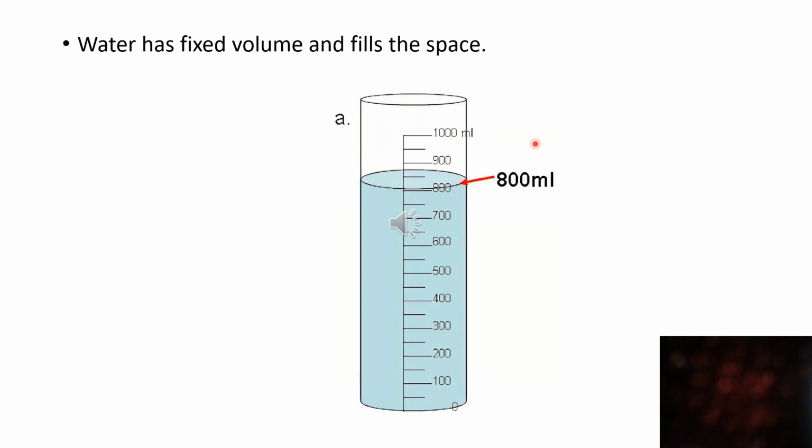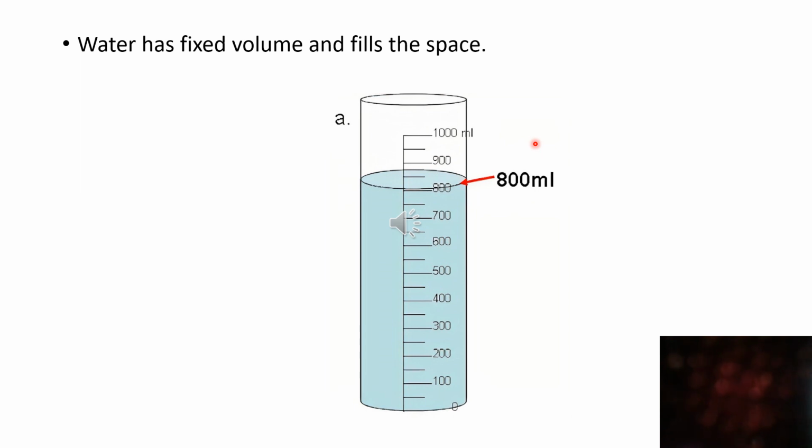Okay, next property of water. Water has fixed volume and fills the space. Cair mempunyai isi padu dan memenuhi ruang. As you can see from the picture, the water is measured using the measuring cylinder using the standard unit of milliliter.